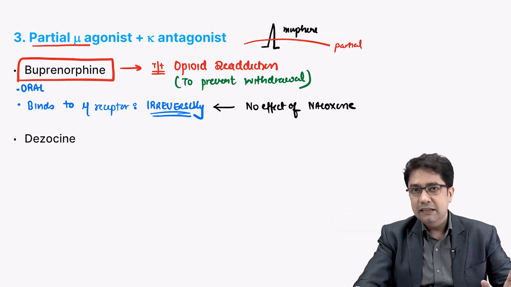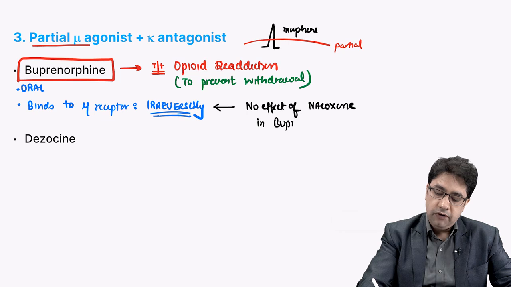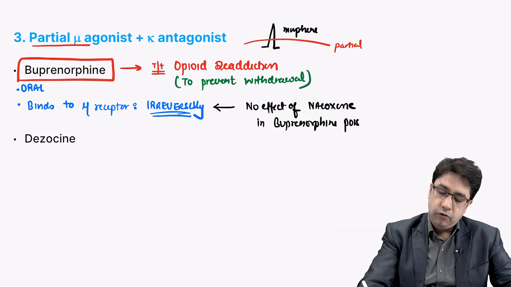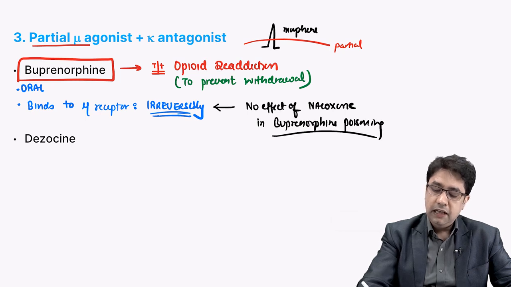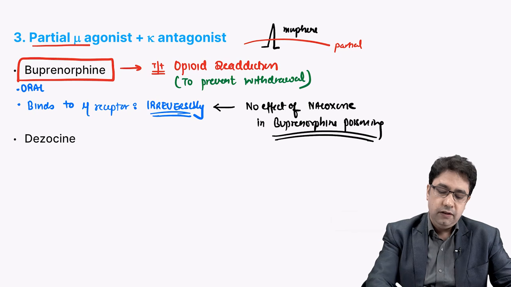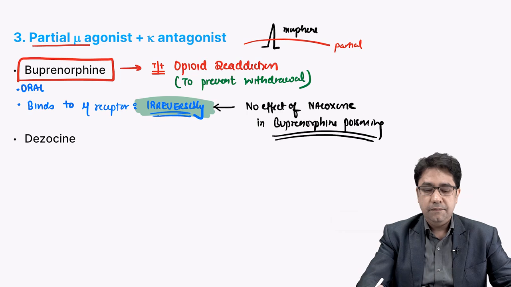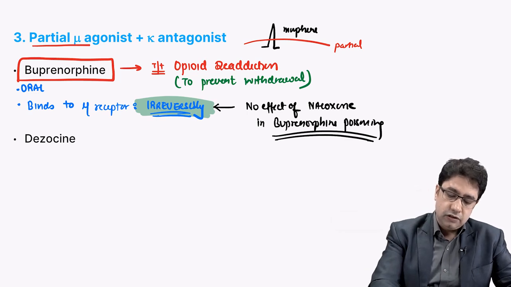Naloxone is an antagonist. It cannot replace buprenorphine from its receptor in buprenorphine overdose or poisoning. I will be telling you shortly, naloxone is given in all opioid poisoning except buprenorphine, because buprenorphine binds to the receptor irreversibly.